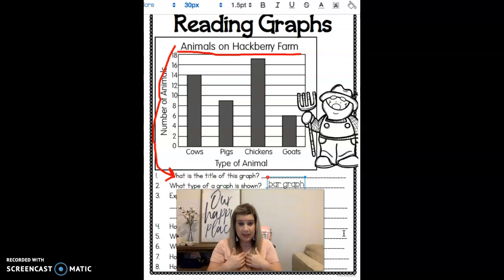So by looking at this graph, we can learn how many of each type of animal are on the farm. On Monday, we read Graham's Farm. Yesterday, you should have read Farms. So this all ties in together. This graph tells us what types of animals and how many are on Hackberry Farm. So that is what I can learn from looking at the graph.